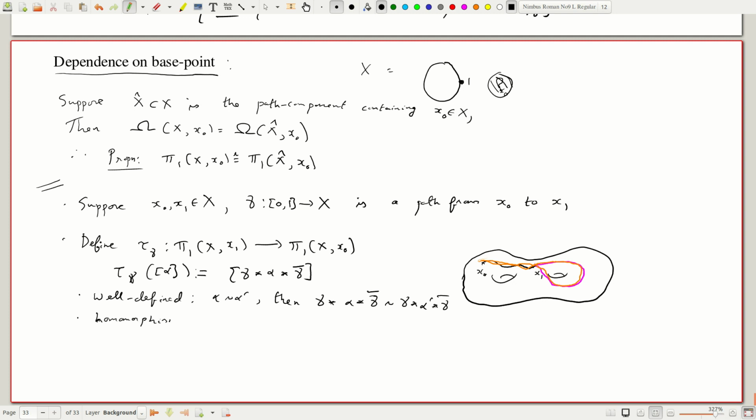This is a little less obvious, but it is common as far as group theory is concerned. Let's take alpha 1 and alpha 2 as two curves, and let's look at tau gamma of alpha 1 star it with tau gamma of alpha 2.